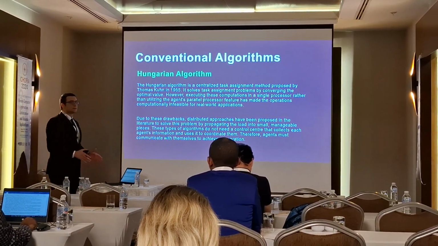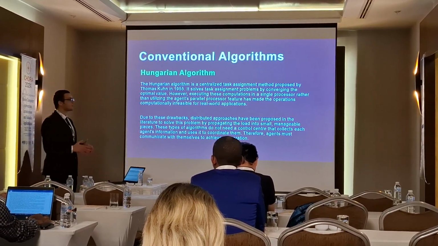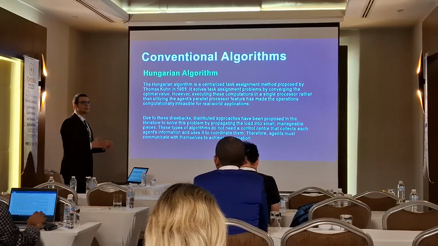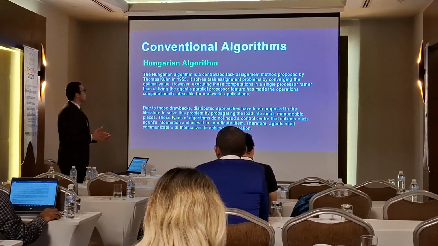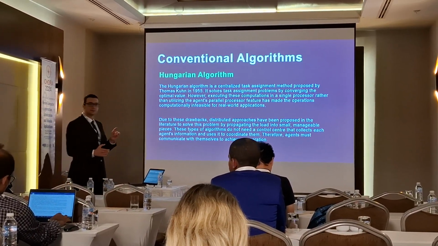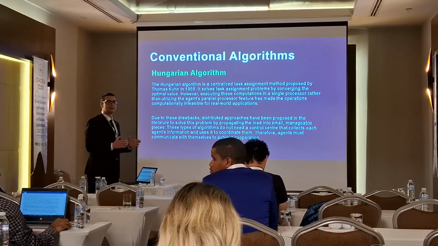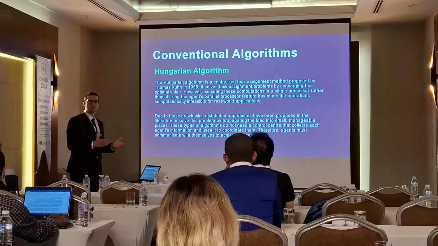Conventional algorithms, like the Hungarian algorithm, is a centralized approach which solves the task assignment procedure in a centralized fashion. The Hungarian algorithm, or the centralized approach, assumes that there is one main control center that collects each agent's information set. Agents are also the autonomous vehicles.